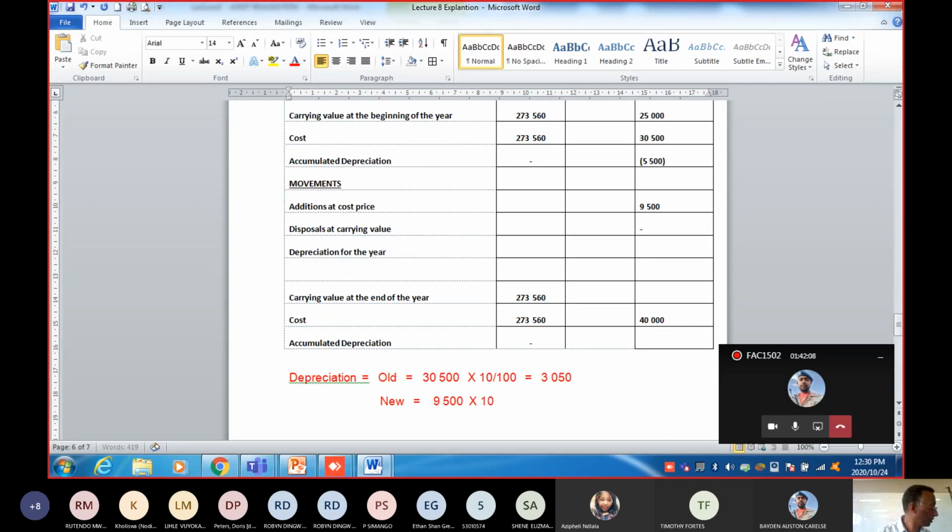But the new equipment was purchased on the 1st of July. Therefore, you must only provide for depreciation for a period of 6 months. And the depreciation on that will then be the amount of 475 rand.